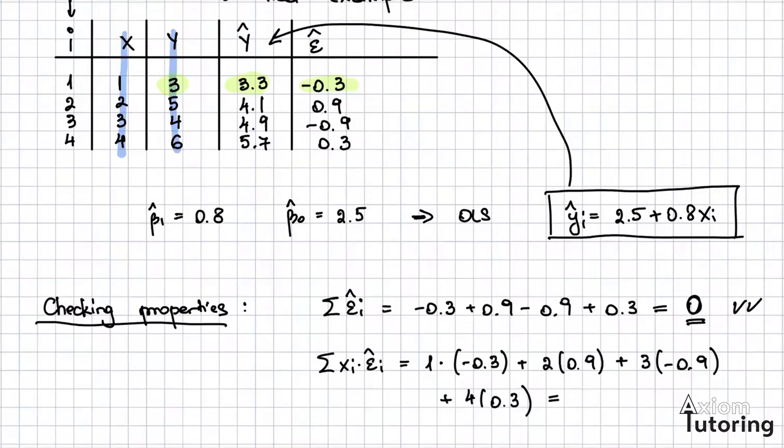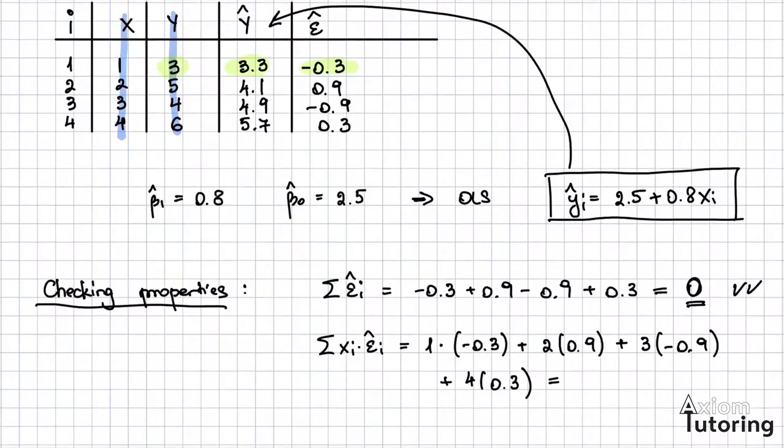You can do the computation very quickly, but I've already done that for you. And as you can see, you can express everything as a factor of the 0.3, and you'll see very clearly that they will cancel each other out. So this will end up being also a 0. And we have this way checked the second mechanical property, that the residual is uncorrelated with your x values.